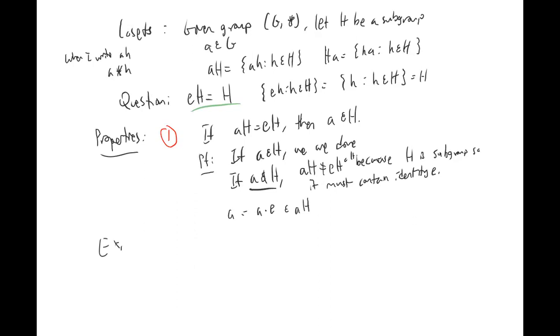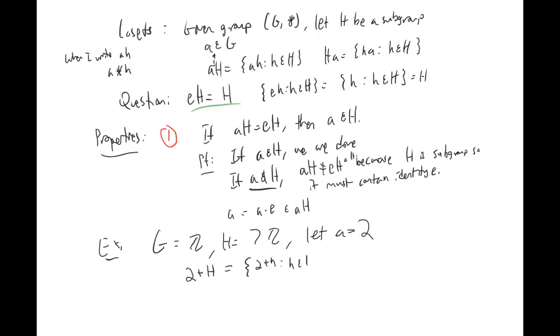So for example, let's do an example. G is the integers, H is 7Z. And let's let A be 2. So A is 2, and you could think of this as 2 star H. In this case you could write it as 2 plus H. What is this? This is a coset, the set of 2 plus h such that h is in H. We know what H is: h is in 7Z.